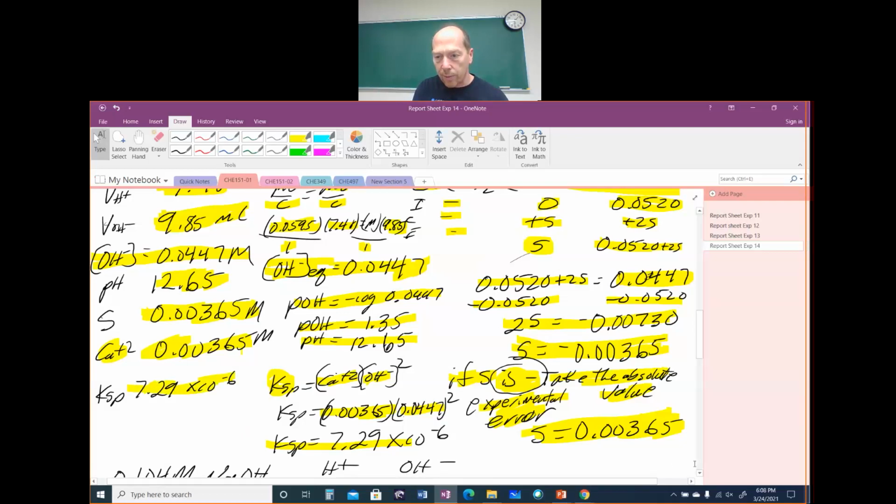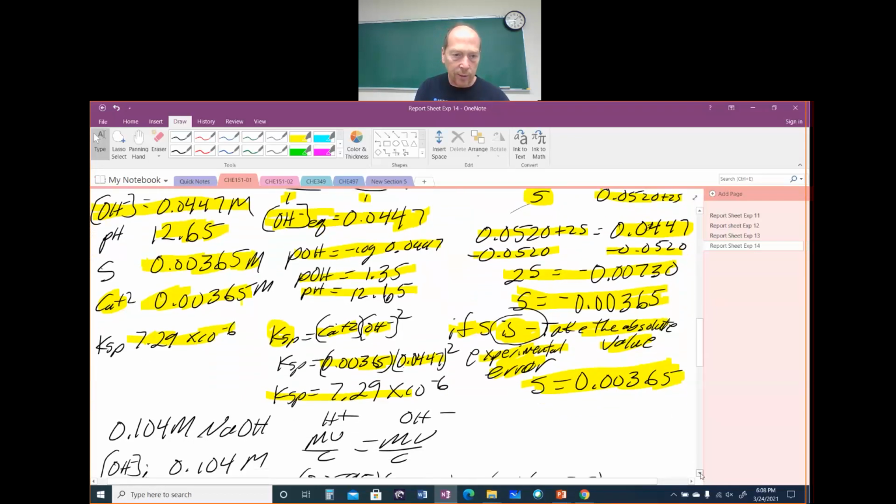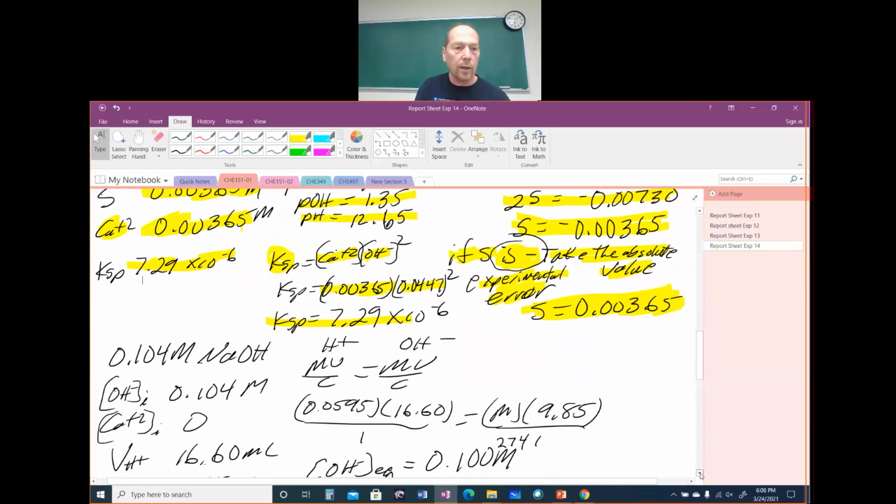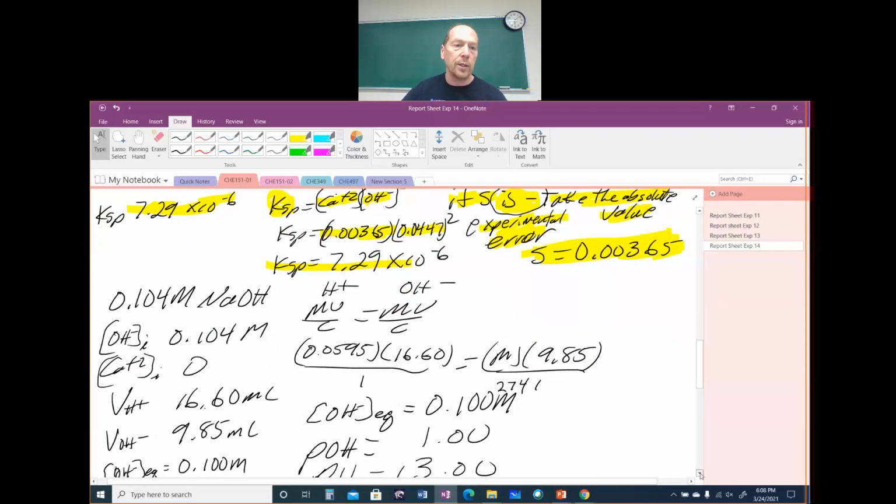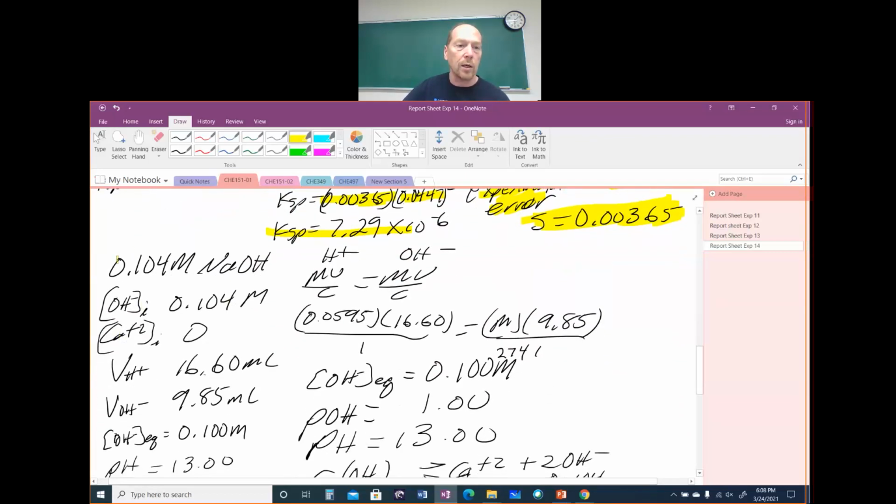So we're going to do the same thing again, except this time we are with the full concentration of NaOH. The 40 mL of the NaOH is 0.104. All right, so we do our initial, that is 0.104, initial calcium, we didn't add any.